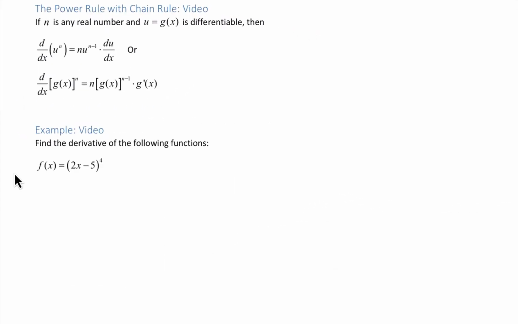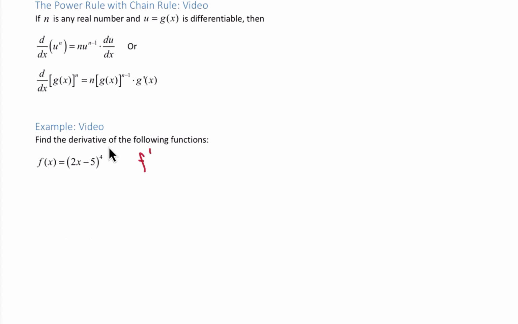For example, looking at f here, notice that this is a composite function. We have 2x minus 5 on the inside, and then that function is being raised to the fourth power. So you can think of that as u to the fourth power from a previous video. F prime of x is, power rule tells us to bring down the 4.